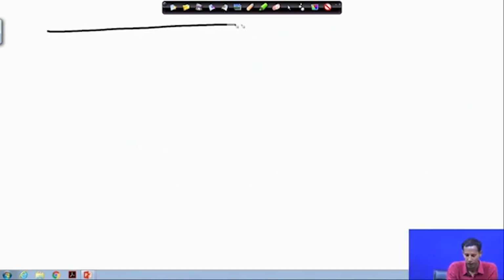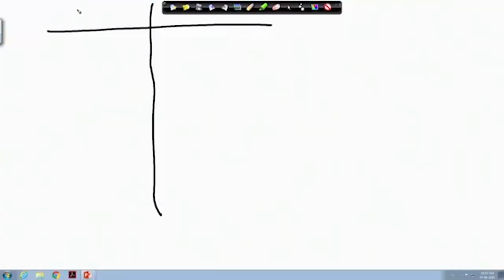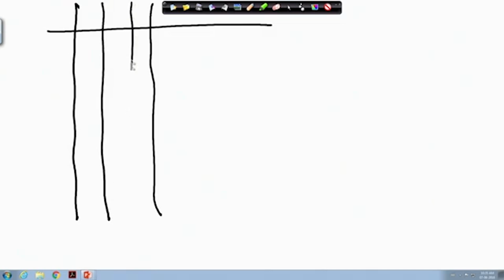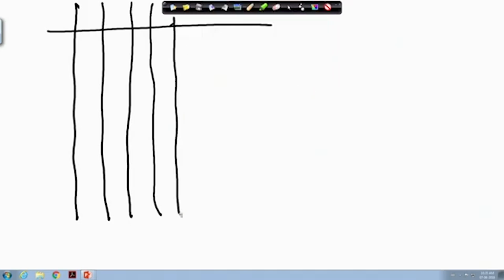This is the method which you have to follow whenever you are designing the particular circuit. Now, instead of doing that, there is another way of doing that. What is that? For that, what do I have to do?